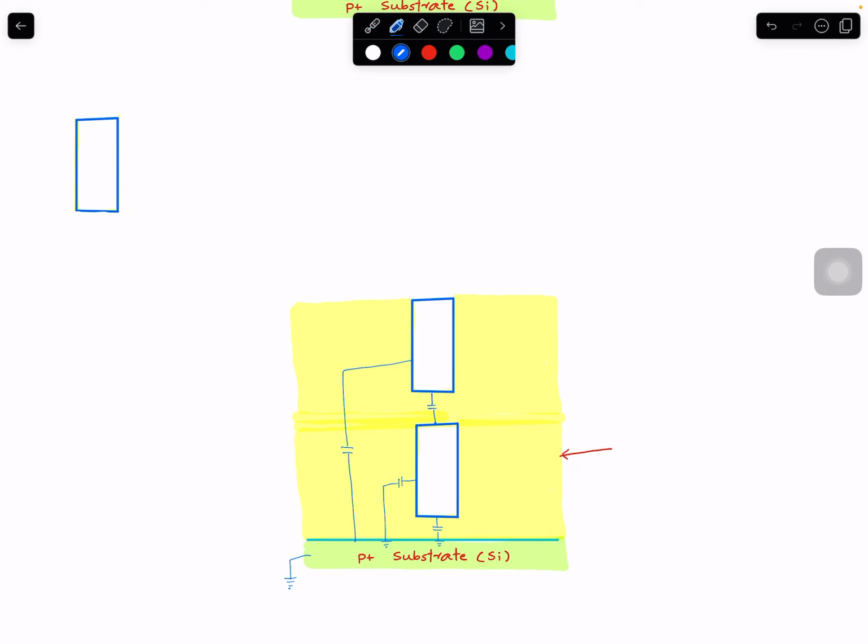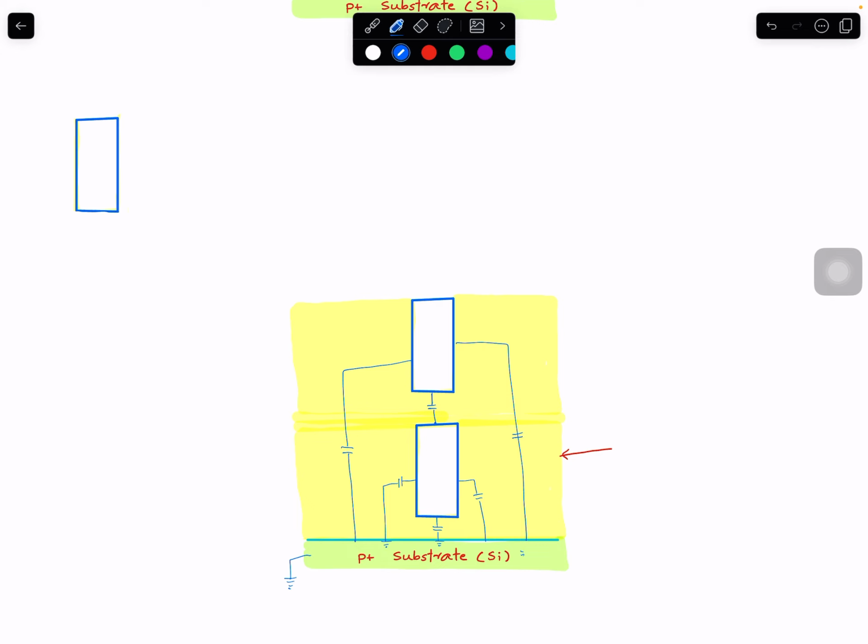Not only from this side, but this side too, maybe smaller. Some are more, some are less. Typically, we don't draw all of these, to make things a little bit simpler. That way, there's capacitance. You understand that?